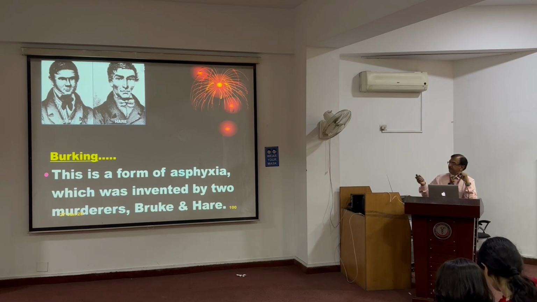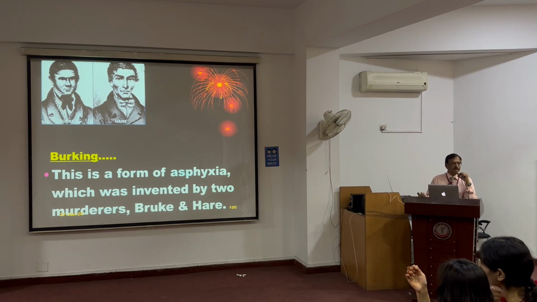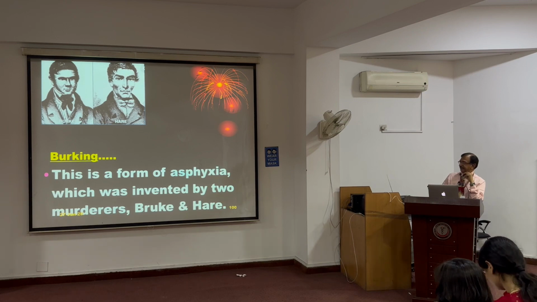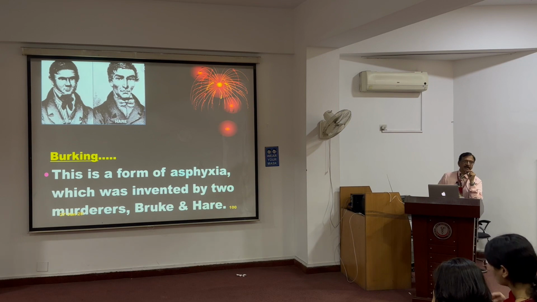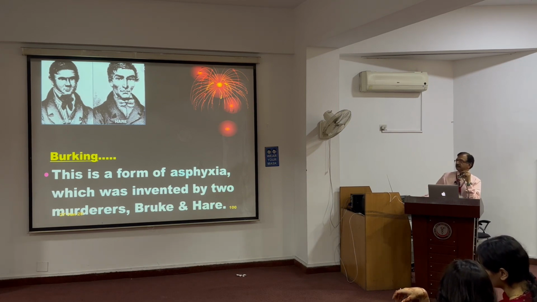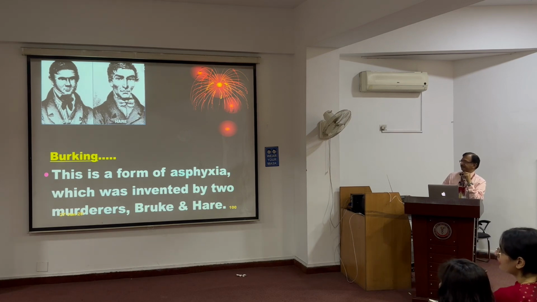And the objective was they used to sell these bodies to the Edinburgh Medical School, but later on they were caught, and after their name this method is called Burking. And this is a mixed example, pressing the chest while sitting on the chest and blocking the air passages with the hand, smothering.